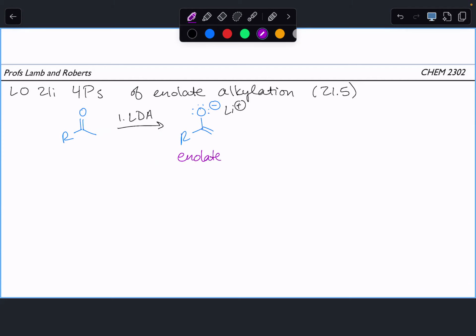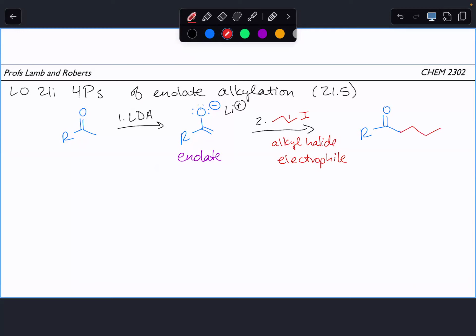And then once we have an enolate, we can do an SN2 reaction in a second step with some sort of alkyl halide. So this is our electrophile in this reaction, so that we can alkylate or add in that alkyl chain to our nucleophile.